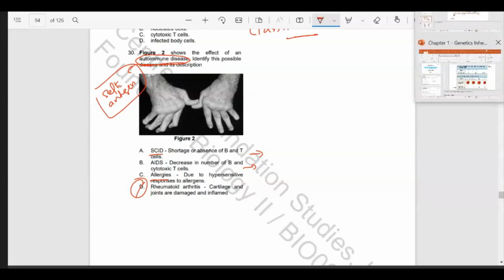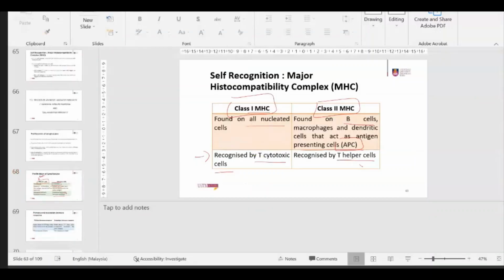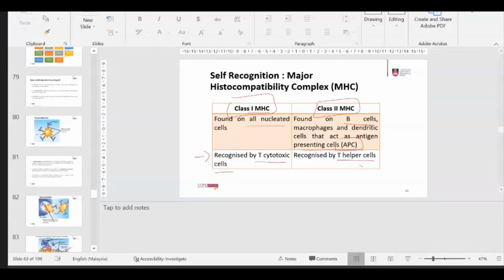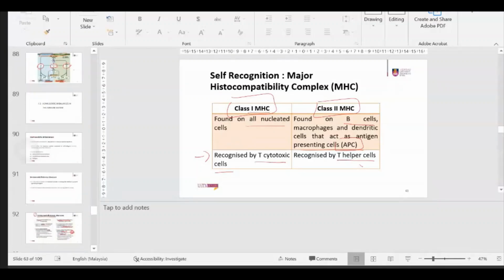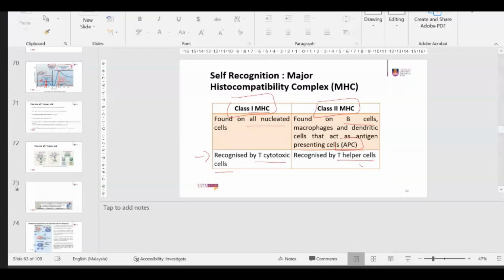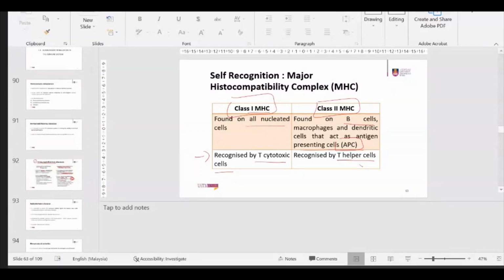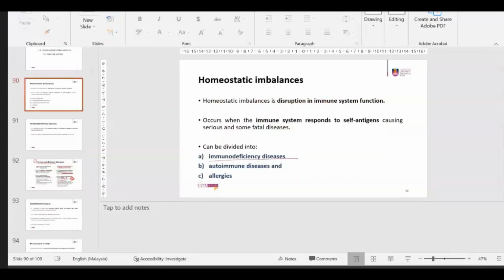Later we will look at this. Besides autoimmune disease and immunodeficiency, there is also allergic reaction. These are imbalances in your immune system: immunodeficiency, autoimmune disease and allergies.